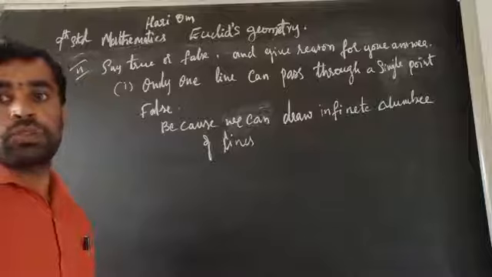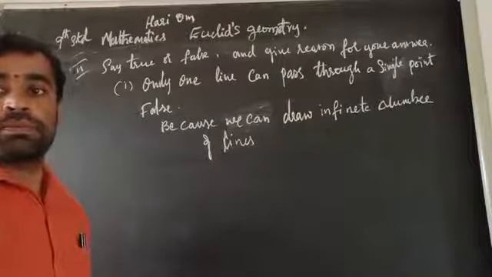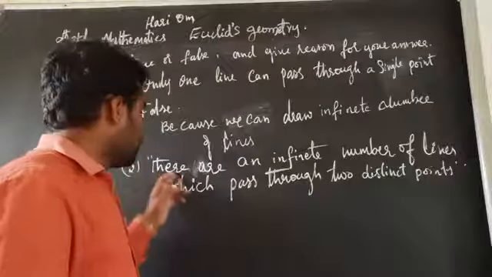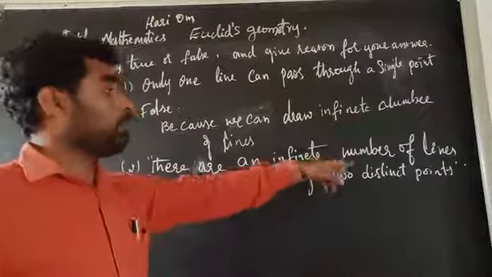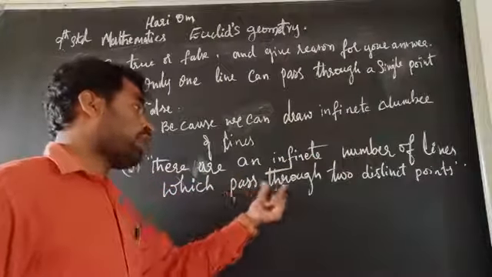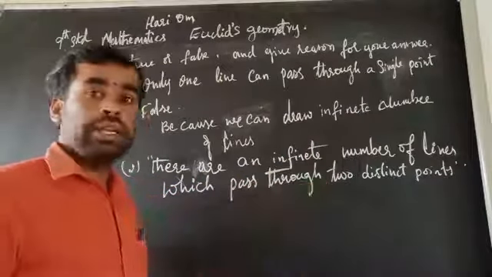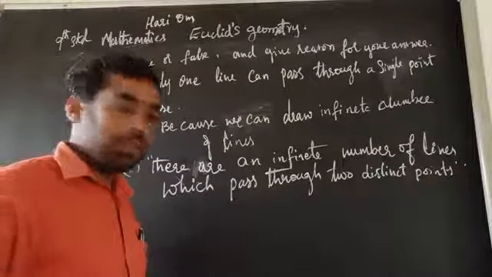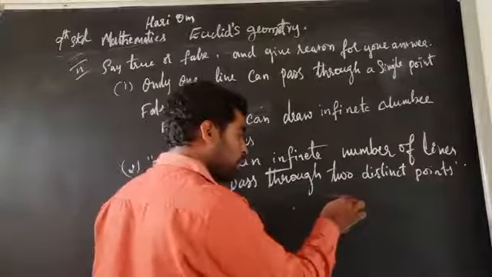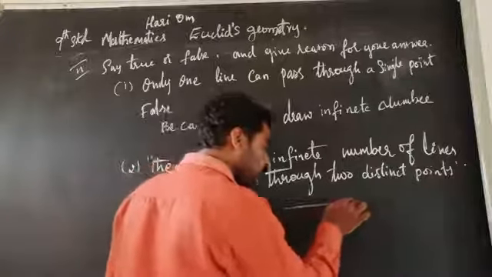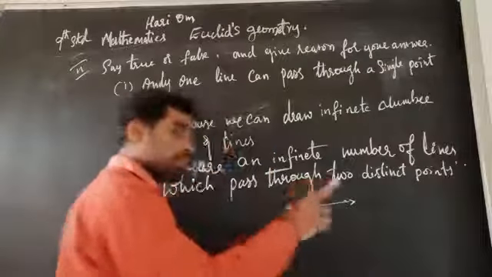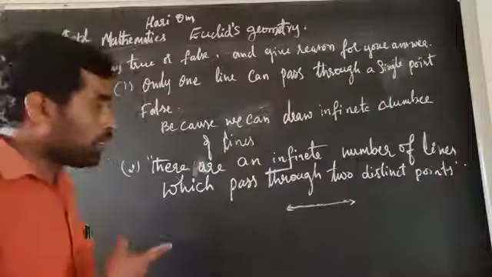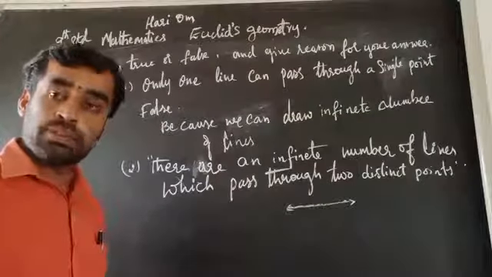Come to the second question. There are an infinite number of lines which pass through two distinct points. See, if you take any two distinct points, we can draw only one straight line. Is it clear? So here they have given infinite number of lines. Is it possible?